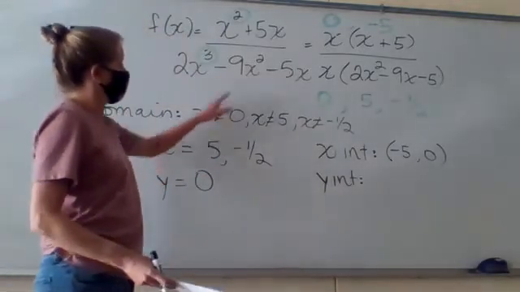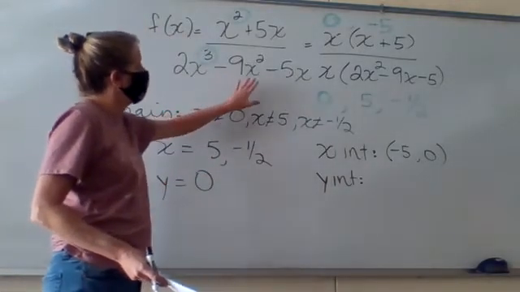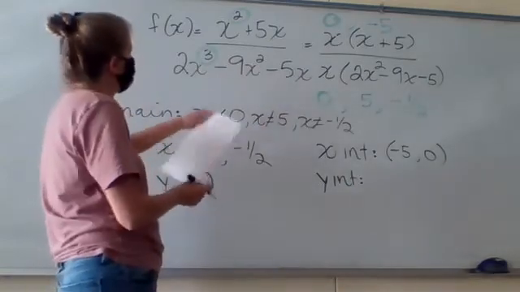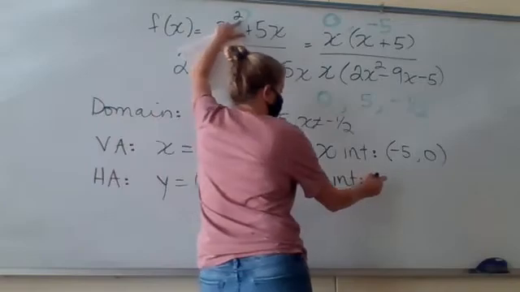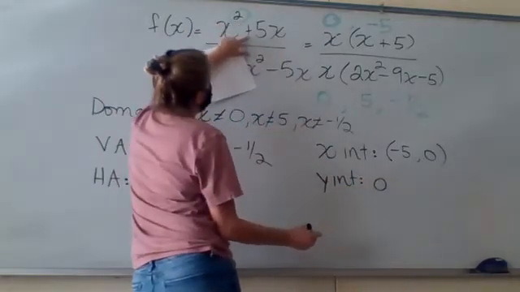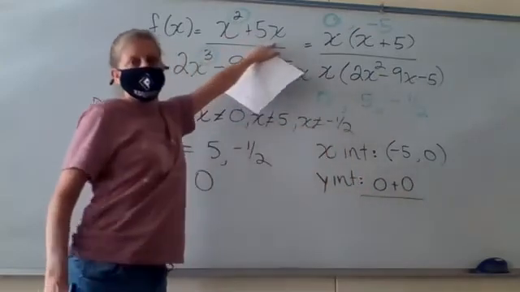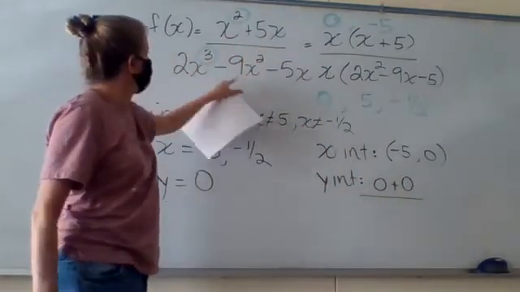And the y-intercept. So let's think about that. That's if you replace all of the x's in your function with zeros. What would happen there? I'd have 0 squared, which is 0, plus 5 times 0, which is 0. So I put the zeros in for these x's.